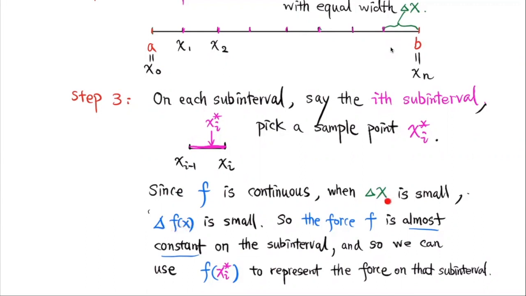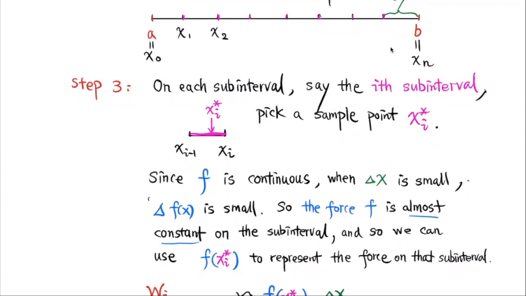So when delta x is small, delta f of x will be small. So the force f is almost constant on this subinterval, and so we can use f of xi star to represent the force on that whole subinterval here.